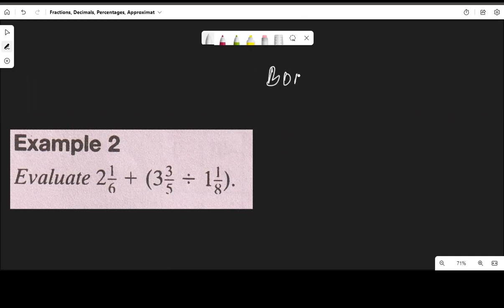Anything in brackets, solve it first before you go to division, multiplication, addition, and subtraction.